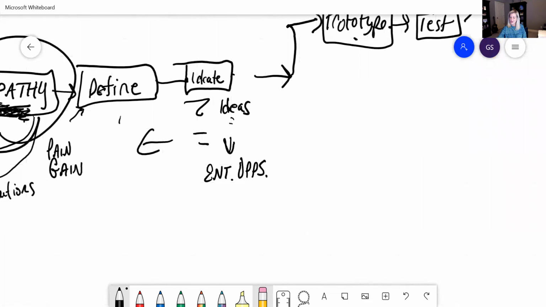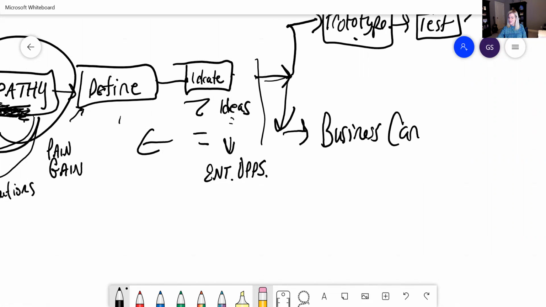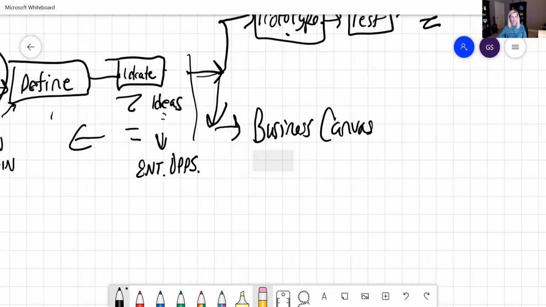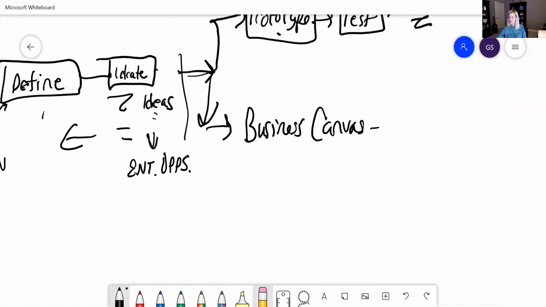In Management 386, after we get past the ideate stage and ideas, we're going to take this down and we're going to complete the business canvas. Now, I've introduced that to you already this semester, but when we start looking at the business canvas here, this is going to be much more customer focused.